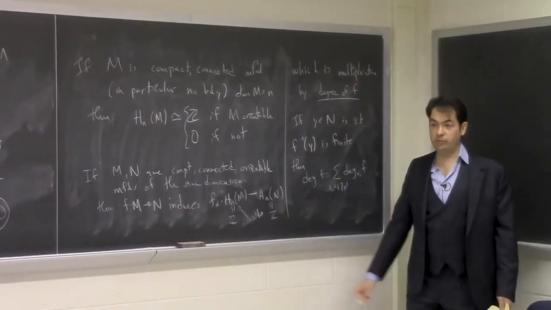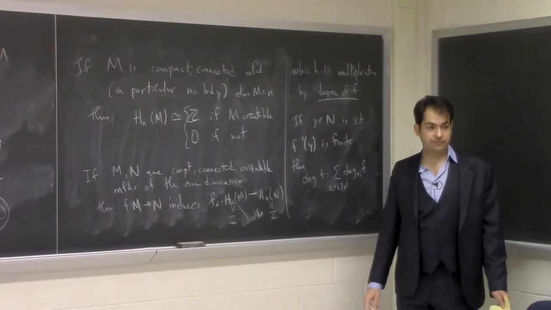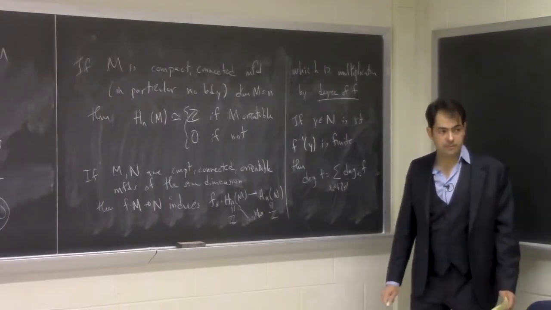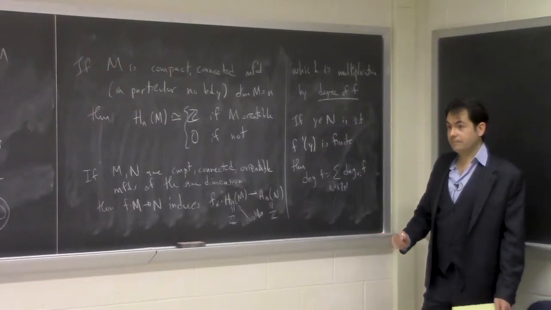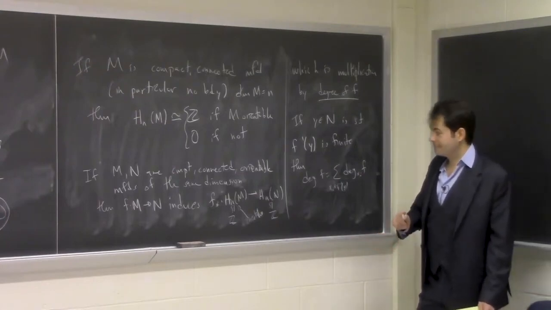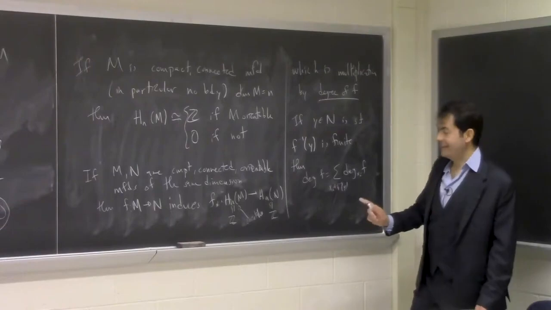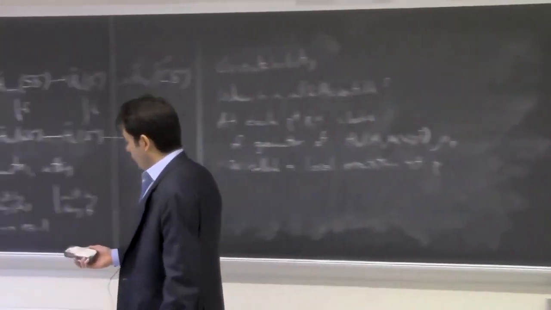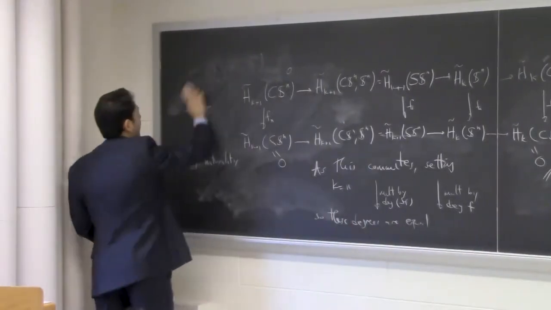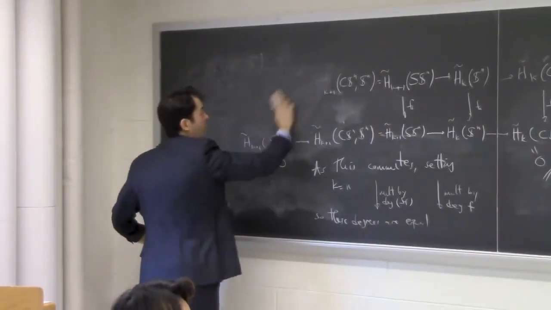Just replace the spheres with oriented M and N. I think last time you said something about how we're always able to find a point where f inverse of y is finite. Glad you asked. The next thing I wanted to mention was why this is a reasonable thing to hope for.